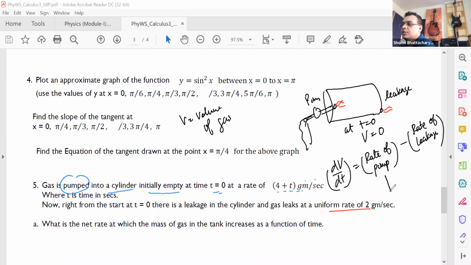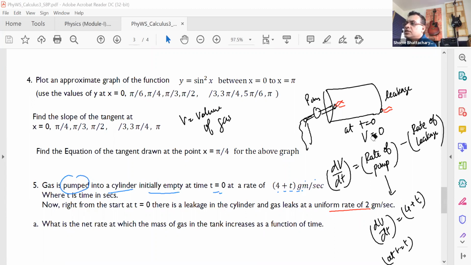So now this is a variable rate. At a time t, the instantaneous value at t equal to t, this is equal to 4 plus t. So for example, at 0 seconds, it was 4 gram per second. Oh sorry, it's given in grams per second. So we'll take mass. It's given as a mass rate.